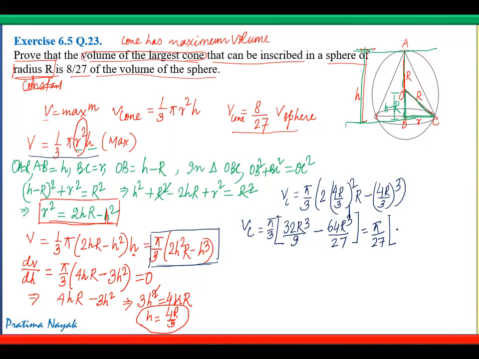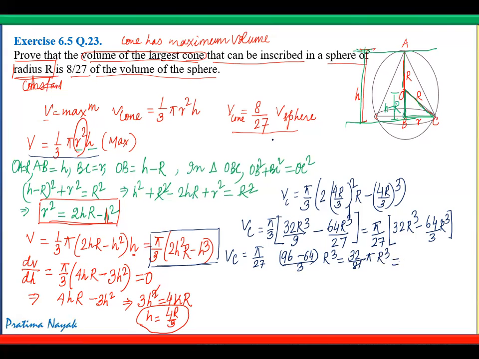It will be 32 R cube minus 64 by 3 R cube. Just go on simplifying. Volume of the cone is equal to pi by 27 into (96 minus 64) by 3 R cube. So how much will it be? 32 by 81 pi R cube.